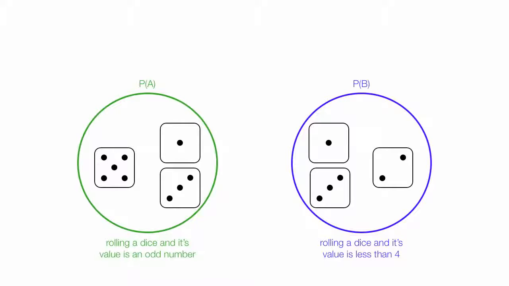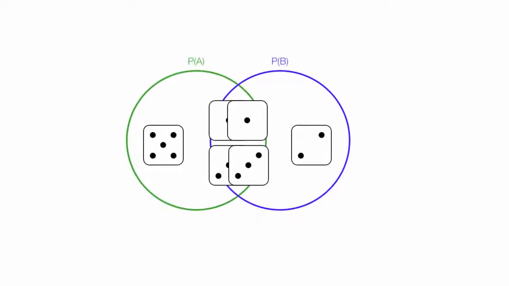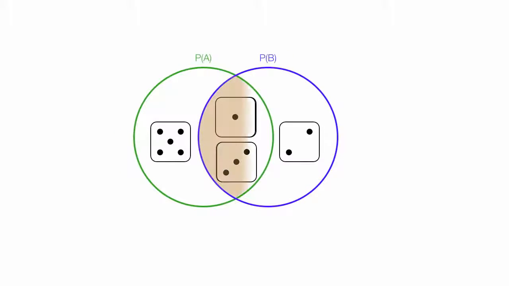Now, if I take these two events and find out where they intersect, or what they have in common, that's the brown area right there. I write that as the probability of A intersection B. In this case, they intersect 2 out of 6 times, or 2/6. That equals 1/3. Again, I'm concerned with the intersection of these two events.